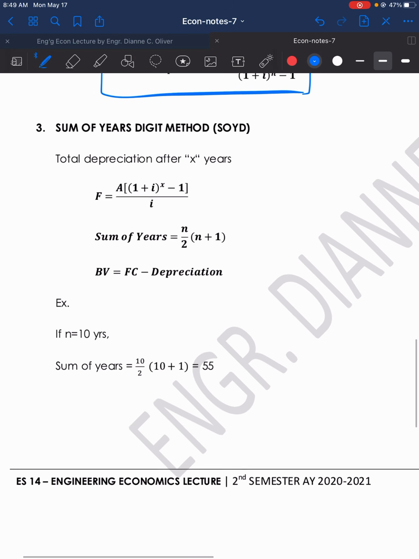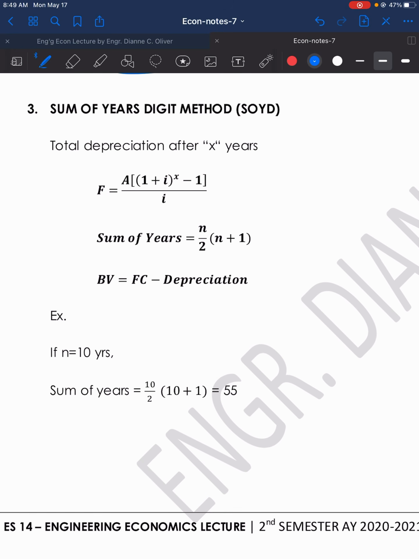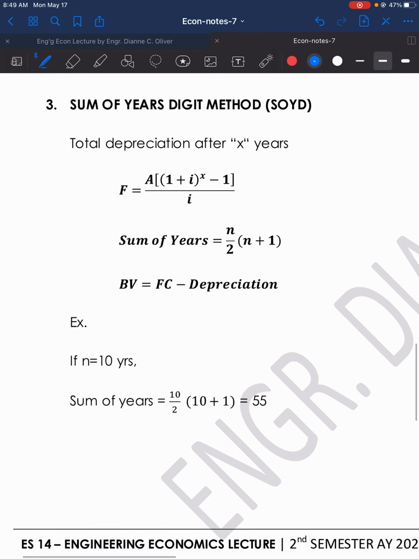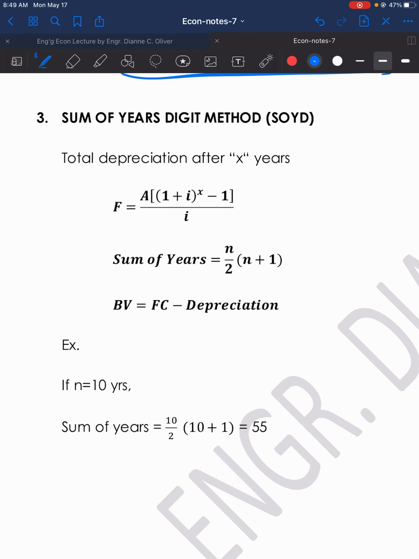Number 3, we have the sum of years digit method. This is something that is new. So, the sum of years digit method. The total depreciation after x years, using this formula for the future worth, then computing for the sum of years, we have n over 2 times n plus 1, and the formula for the book value is still first cost minus depreciation.